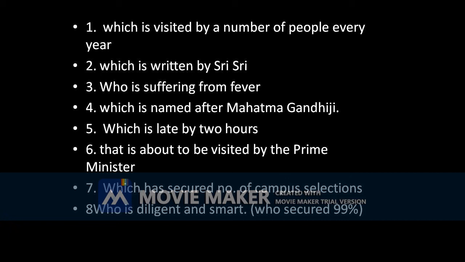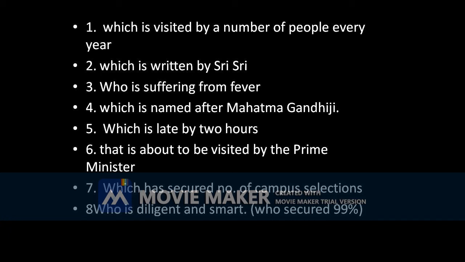The place that is about to be visited by the Prime Minister has been closed to traffic. Here, I used the relative pronoun that. But if you want, you can use which in its place, because we can use either which or that in place of non-living things.